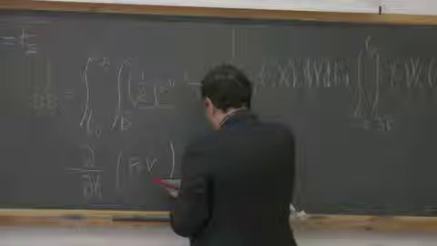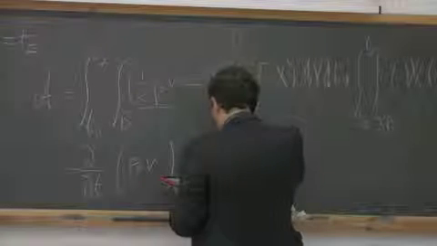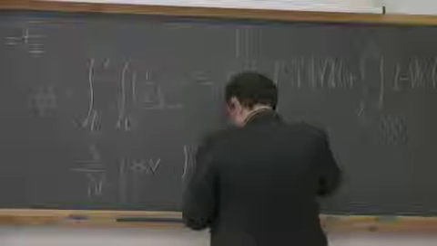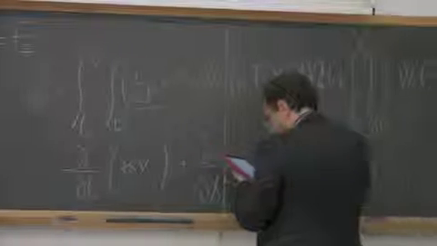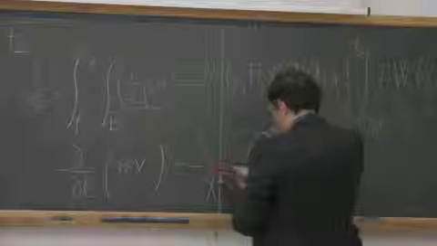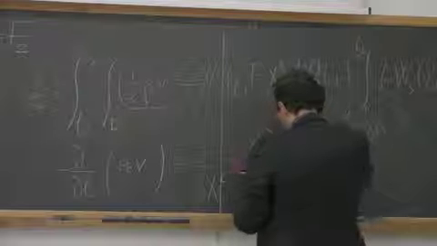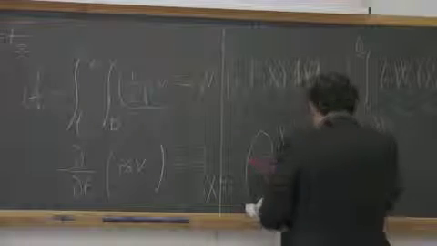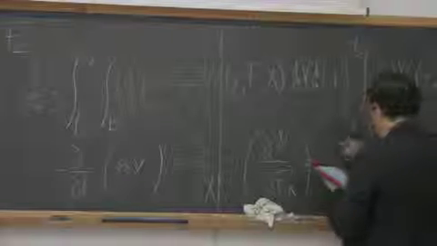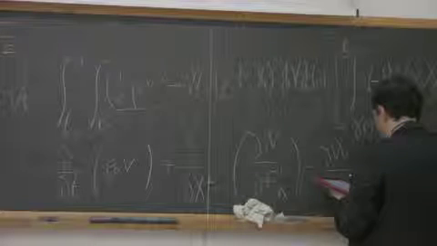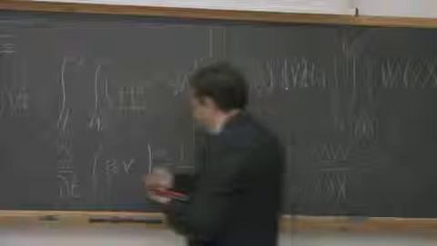Here you have plus d over d capital X I of dW over dF_iA, minus dW over dχ_i equals 0. I place here i and here i.